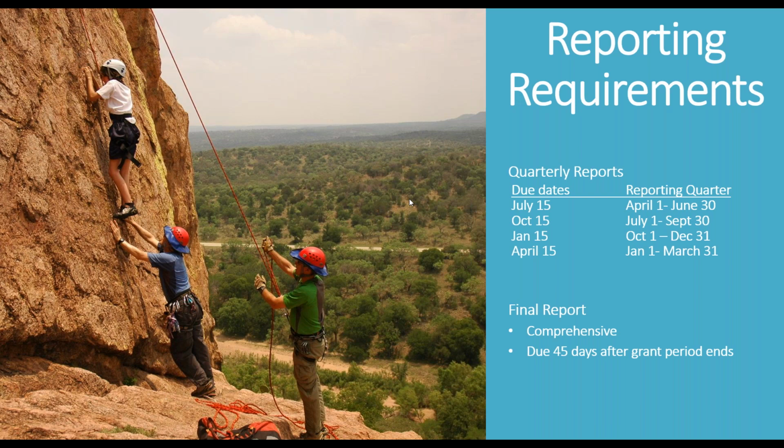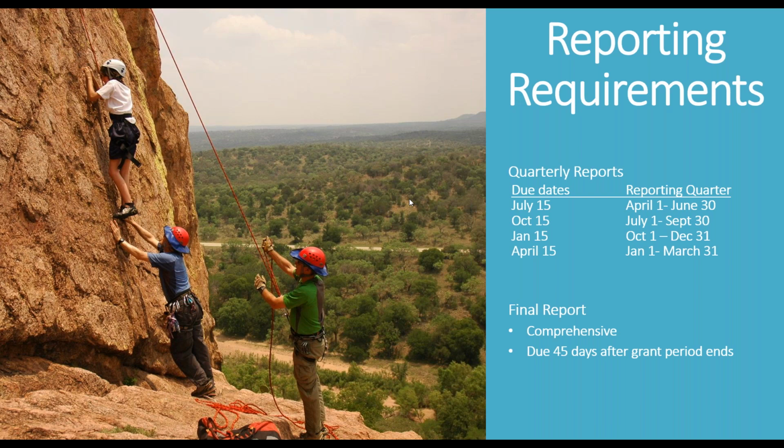The comprehensive final report is due no later than 45 days after the end of the grant period. But you are more than welcome to submit your final documents whenever you have completed your project activities if you would like to close out early. Those reports are really just a record of your progress, your challenges, activities that are completed.